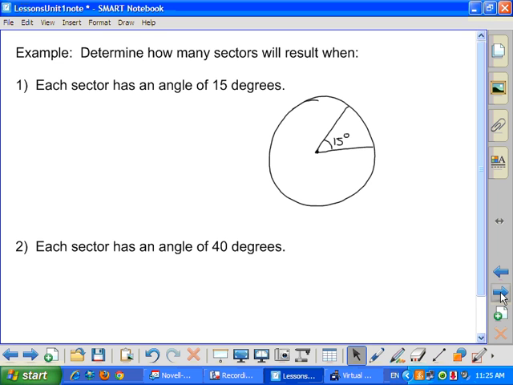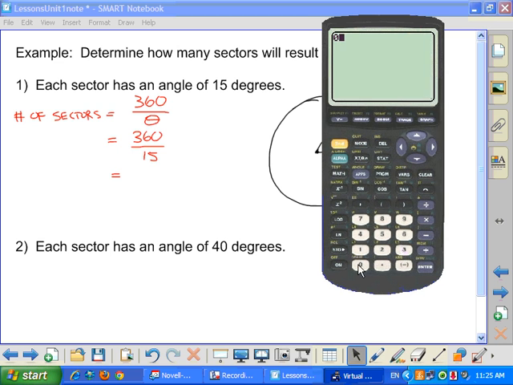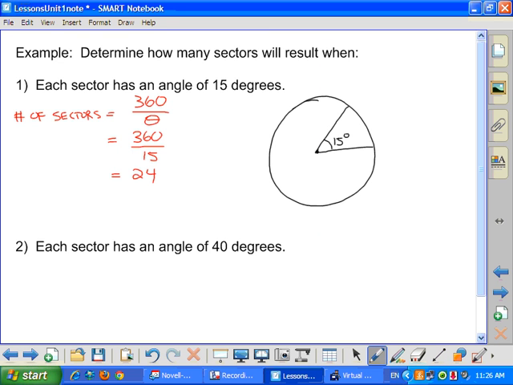If we know the angle and want to know the number of sectors, number of sectors is equal to 360 divided by the central angle. So it's 360 divided by 15. Plug it into your calculator, and we find out that we would have 24 sectors.